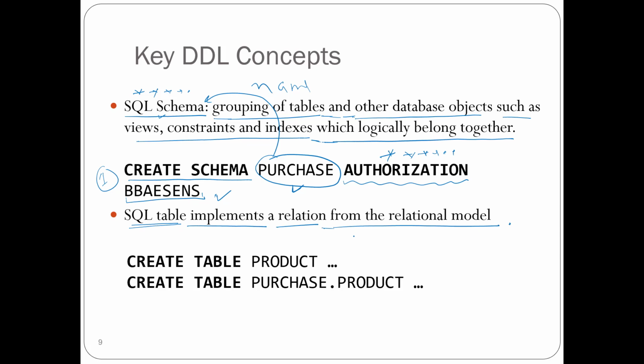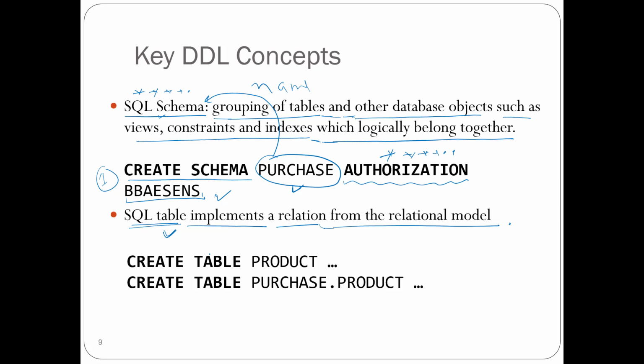There we learned about the mapping of the conceptual data model, which was the ER model, to the logical data model, and the logical data model in that previous chapter was the relational model. So now, having had a good understanding of what a relational data model is, we will see how we can implement the relational data model using SQL. So in SQL, we have the concept of table, and this table implements a relation from the relational model.